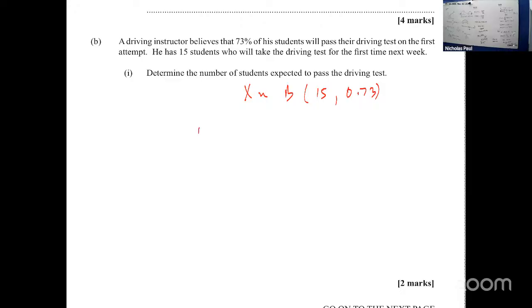That's expectation, which is n by p. So that's 15 by 0.73, that's 10 point something, so you put approximately 11 in.